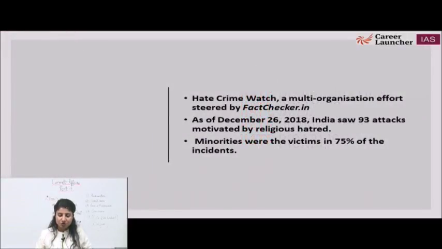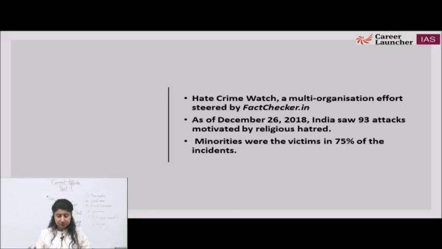Hate Crime Watch. There is one multi-organization effort which is trying to keep an eye on the level of hate crime occurring in many countries. Hate Crime Watch, a multi-organization effort steered by FactChecker.in, says that as of December 26, 2018, India saw 93 attacks motivated by religious hatred.